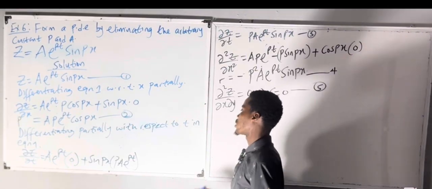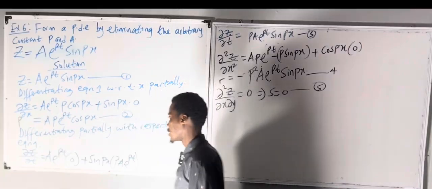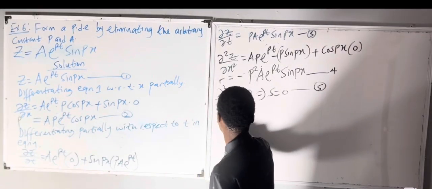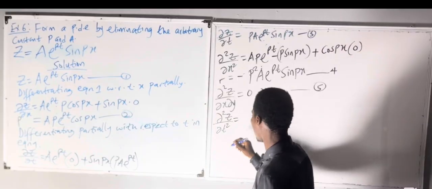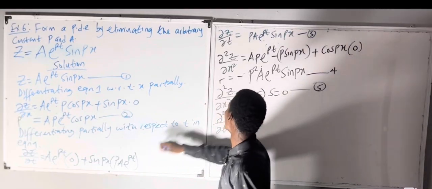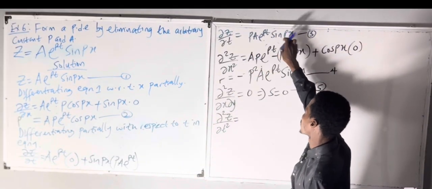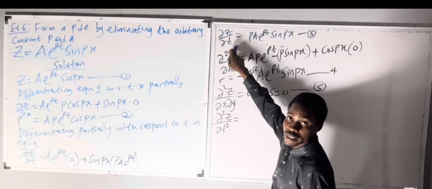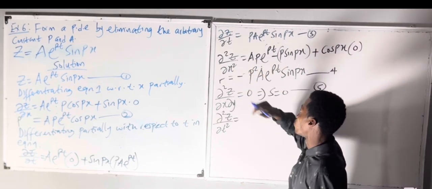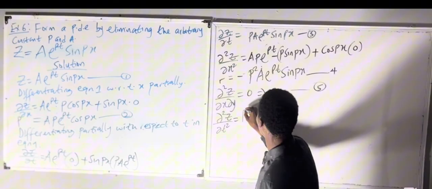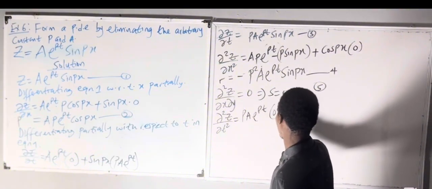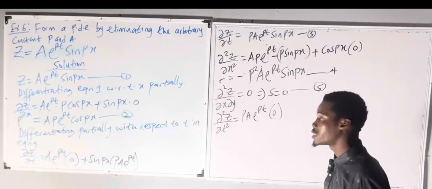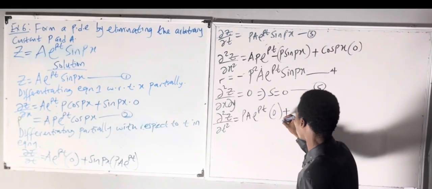So let me differentiate with respect to t again. So it means I'm going to have del square z all over del t square. Which is going to give me pa exponential pt sin ps. I want to differentiate this again with respect to t. If I take this pa exponential pt, differentiate sin ps with respect to t, it will be 0 because there is no t in this given sin ps. Plus is a product.